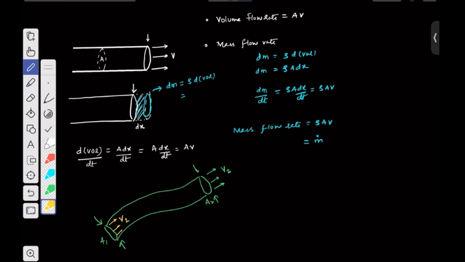Now, suppose I have an incompressible flow established in between. Incompressible flow means fluid is not getting compressed, and also there is no storage of the fluid happening in between. It's not like somewhere the fluid is getting stored. It means suppose you have a room which is fully packed, like you can't have even an atom of space left.